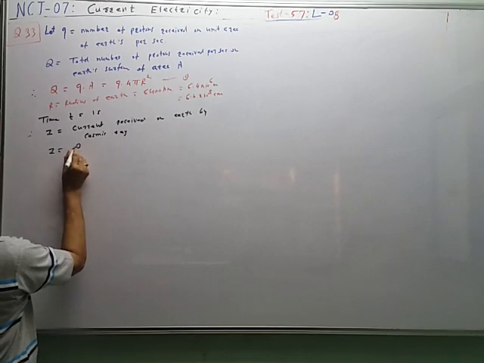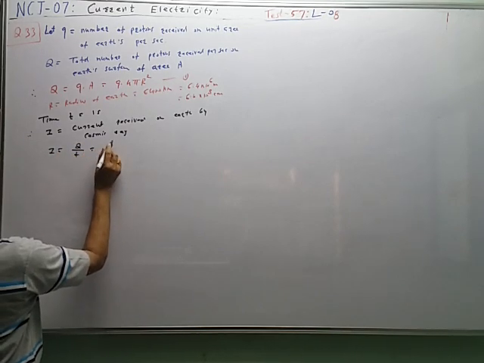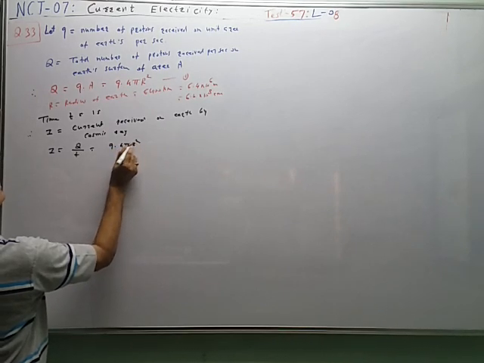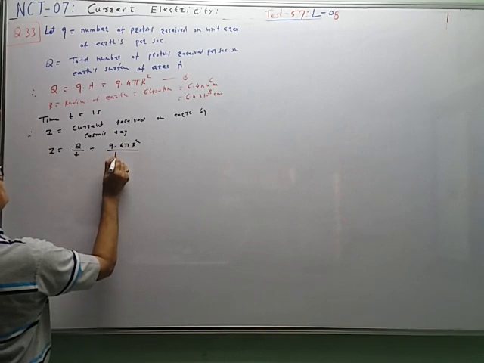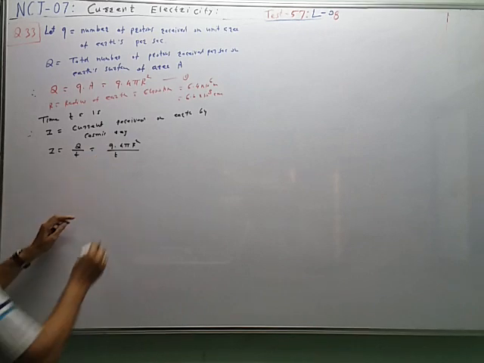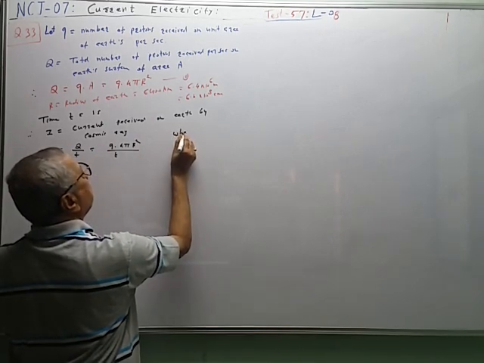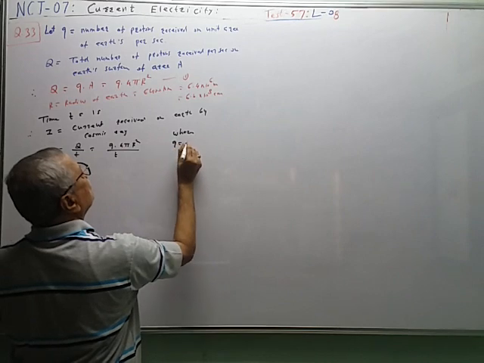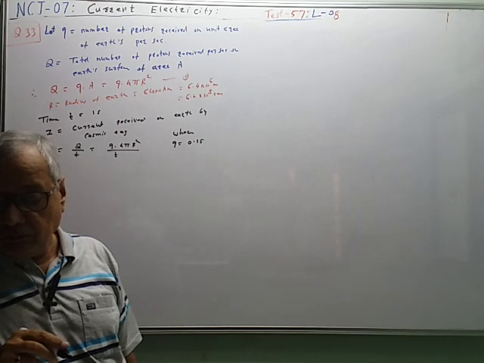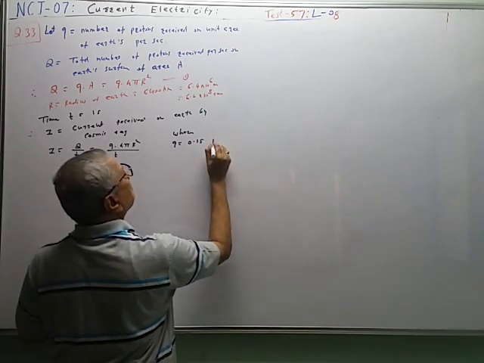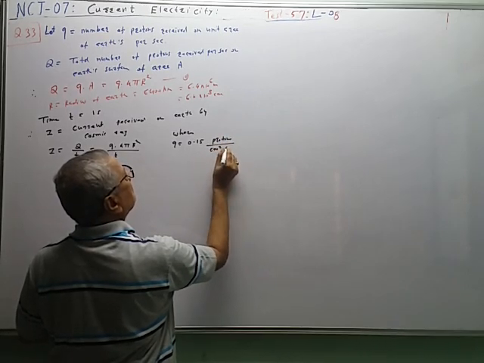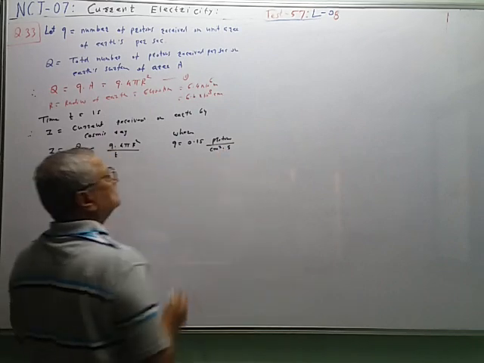So I is equal to Q by T is equal to small q into 4 pi capital R square upon T. So this small q is given in centimeter square, where small q is equal to 0.15 protons per centimeter square per second.